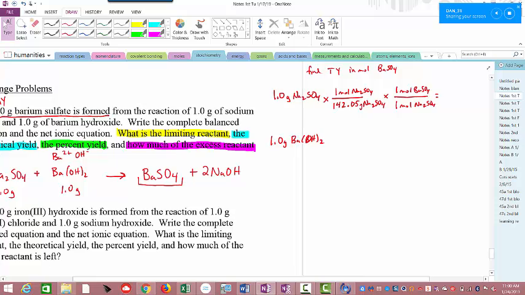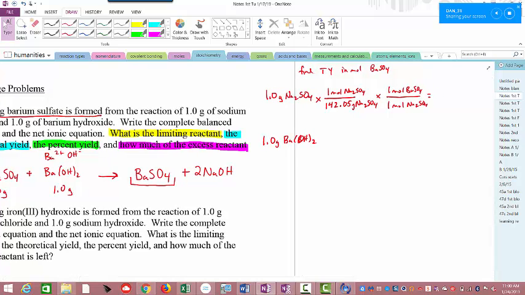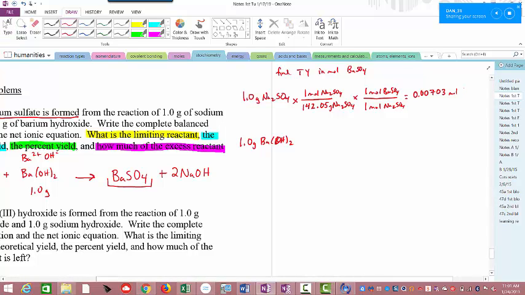Okay? So what do we get for that number? 0.00, give me 3 more digits. 703. So if sodium sulfate is the limiting reactant, that's our product.